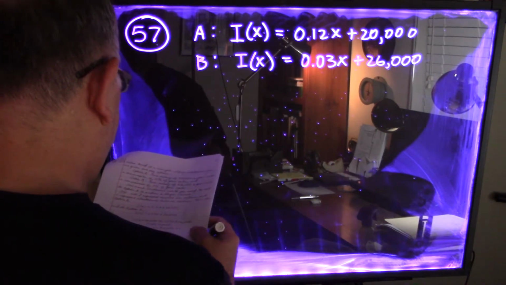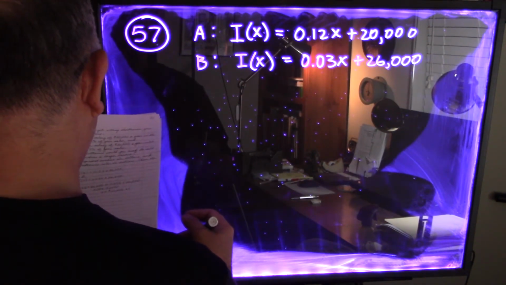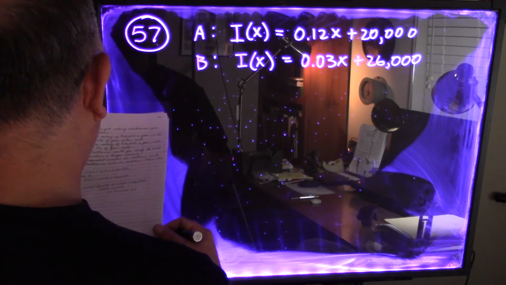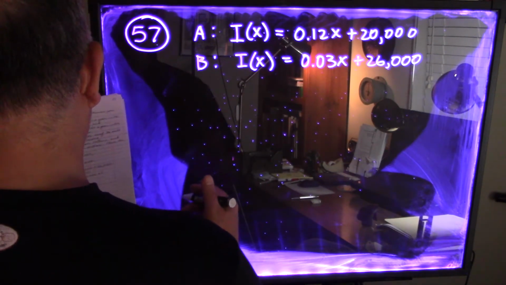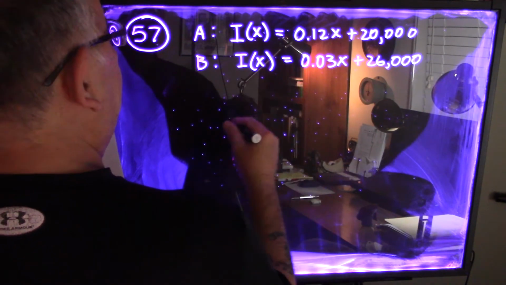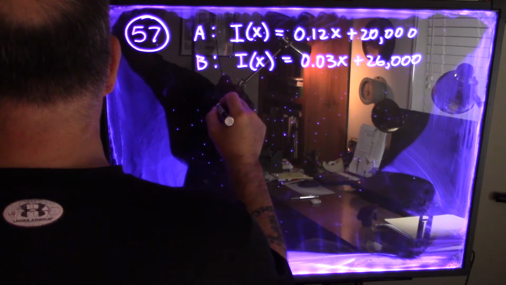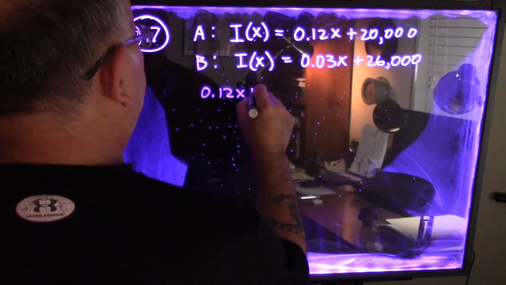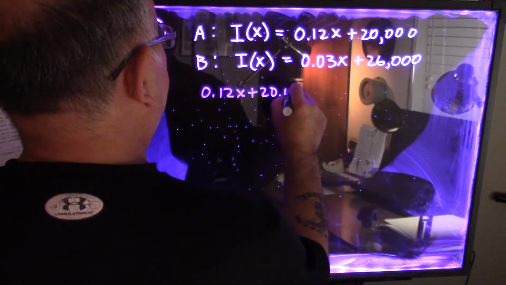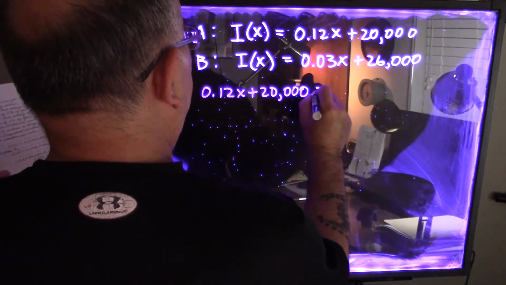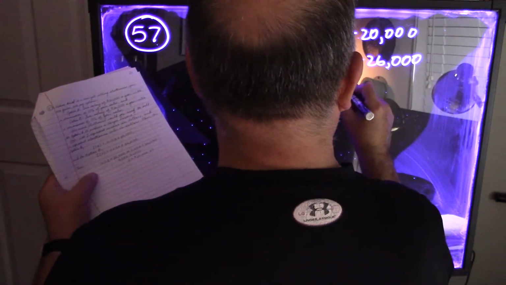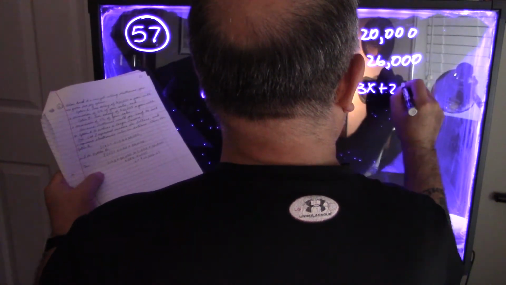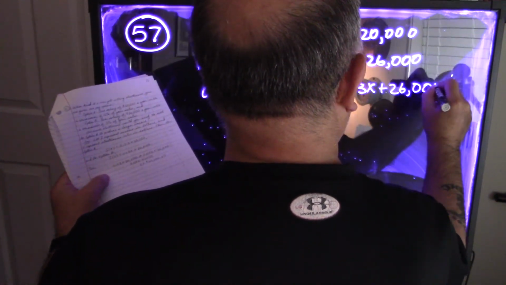So we want to know when option A is going to be better than option B. So set option A greater than option B and solve for x. You've got 0.12x plus 20,000 greater than 0.03x plus 26,000.